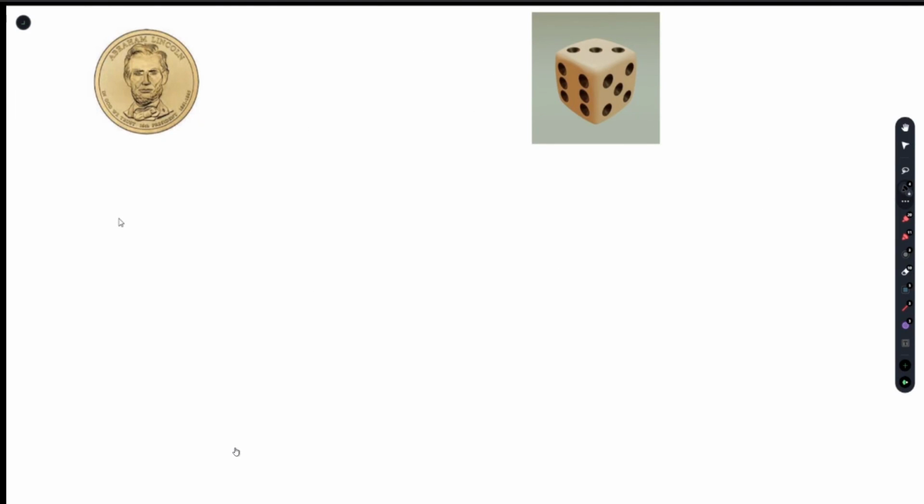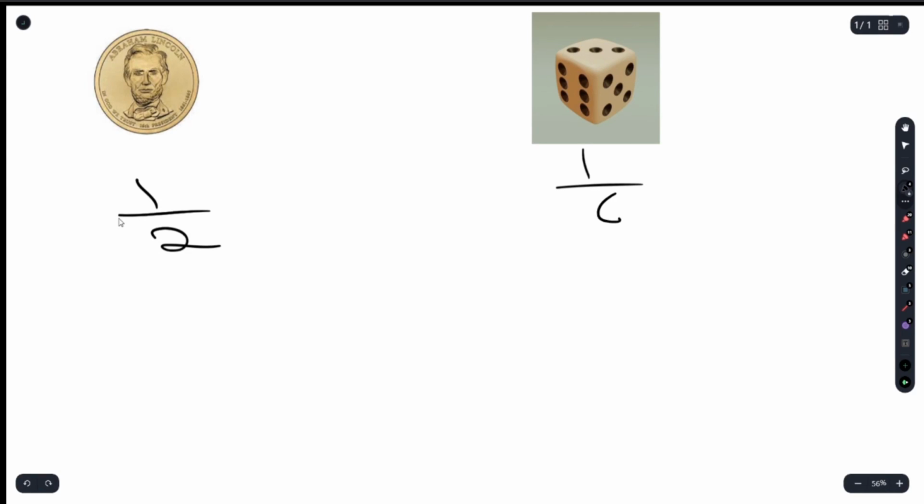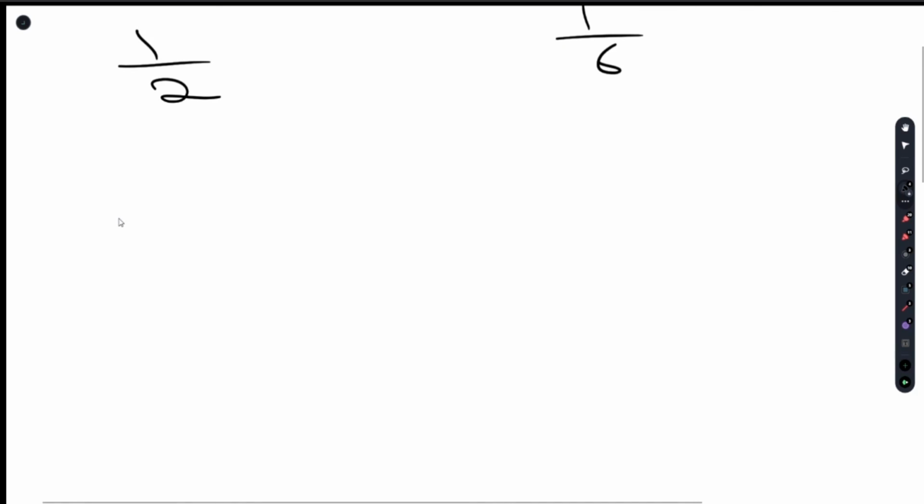Okay, so our final idea is the probability of independent events. So the probability of flipping heads on a coin is 1 over 2, and the probability of landing, for example, a 3 is 1 over 6. So since these two events are independent of each other, the probability of both of them occurring is the product of both of them. So this is a rule. I'll write it down.